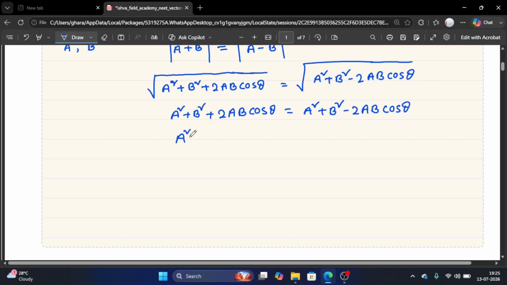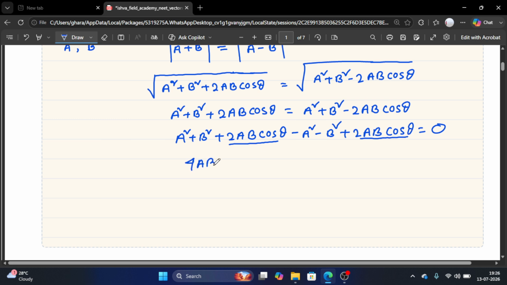I take this side: A square plus B square plus 2AB cos theta minus A square minus B square plus 2AB cos theta, equal to 0. That means this one and this one give 4AB cos theta, and A square and B square cancel out, equal to 0.